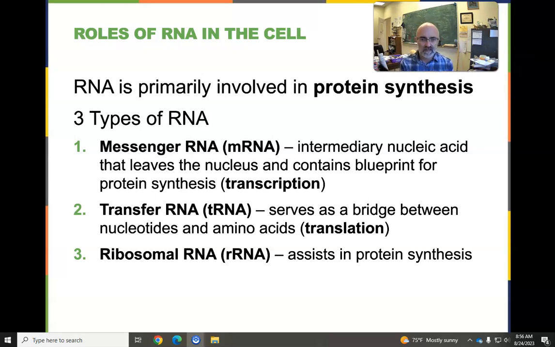I think just know those are three types of RNA. Know that mRNA means messenger, tRNA means transfer, rRNA means ribosomal. Because we're going to spend a lot of time later talking about these individual macromolecules and their role in this important process of protein synthesis.